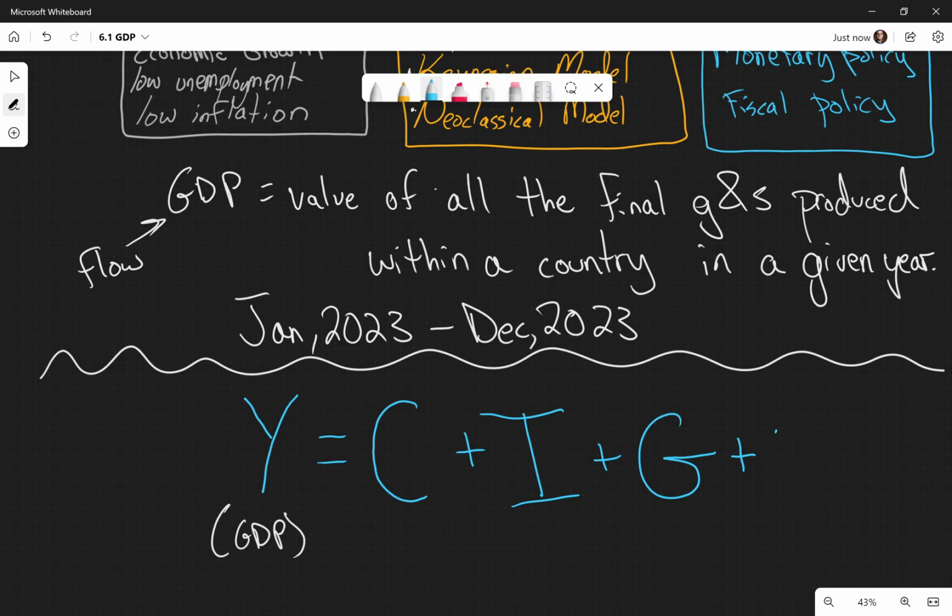We can say plus our net exports, or if we wanted to expand that, we could say plus, open parentheses, our exports minus our imports.